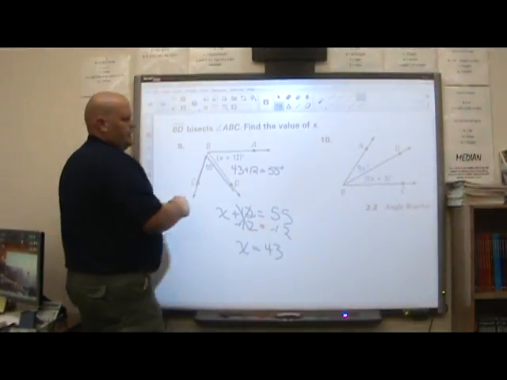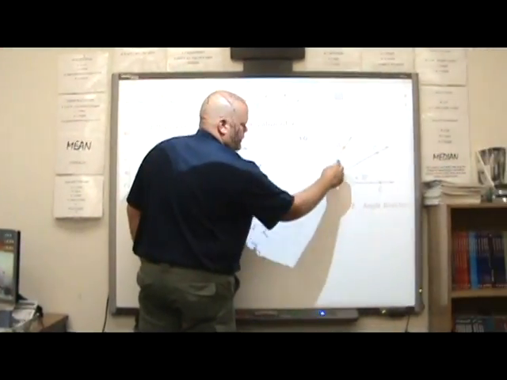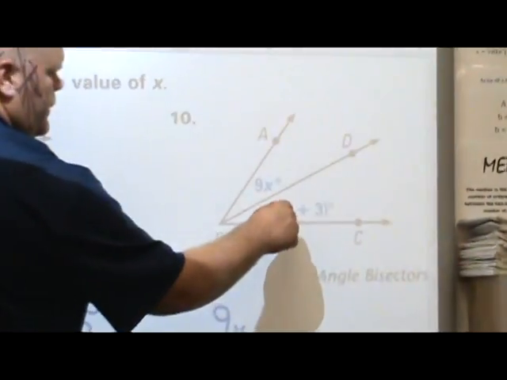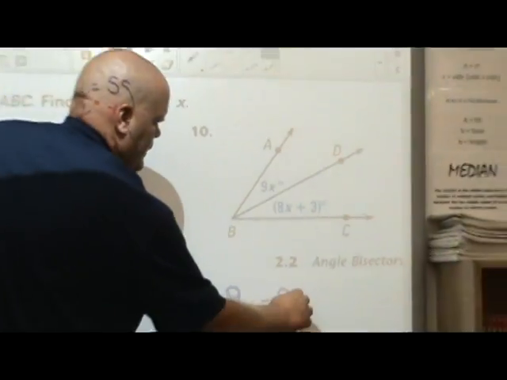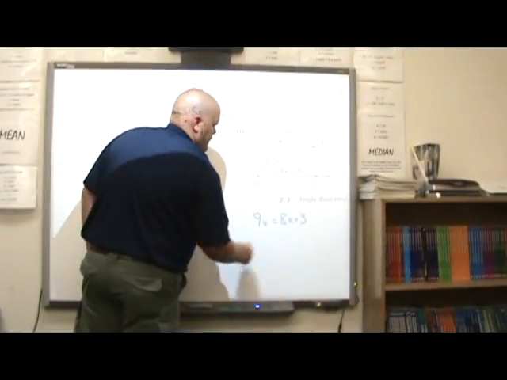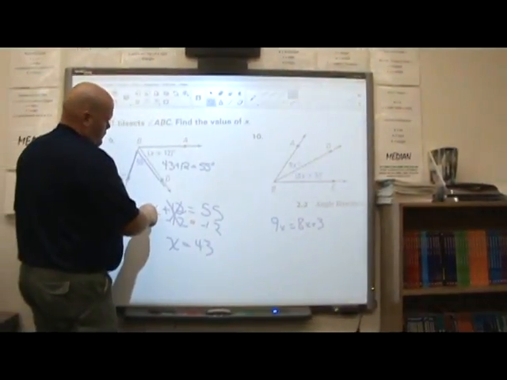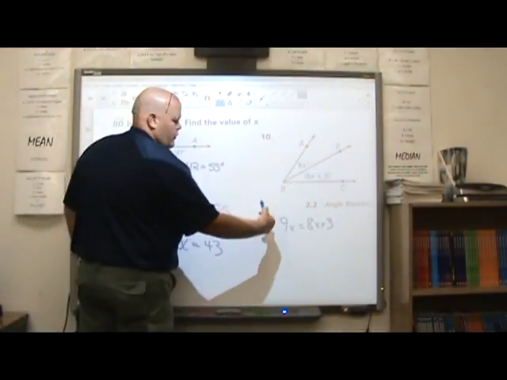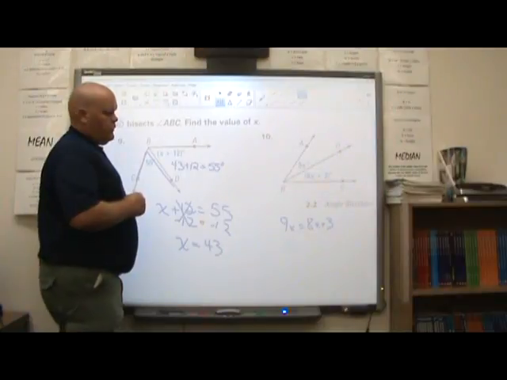degrees. Same thing over here. Angle ABD is 9x. Angle DBC, 8x plus 3. Now, over here we had a variable on just one side. Okay? Now we have a variable on both sides of the equal sign.